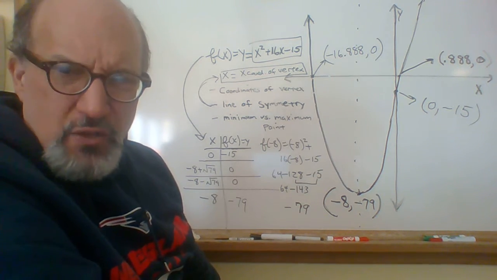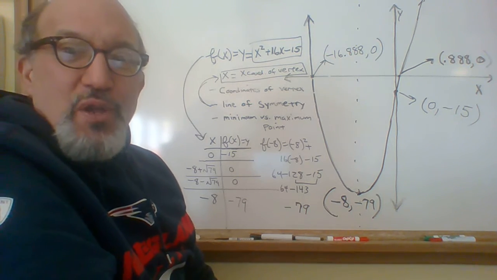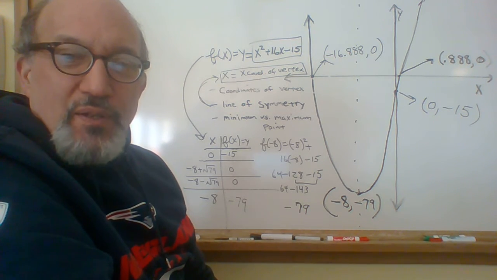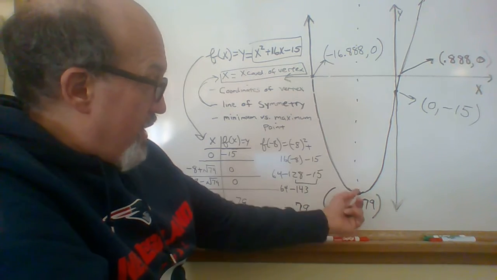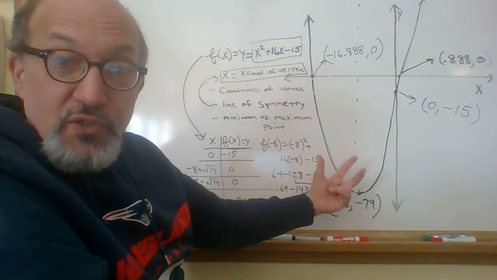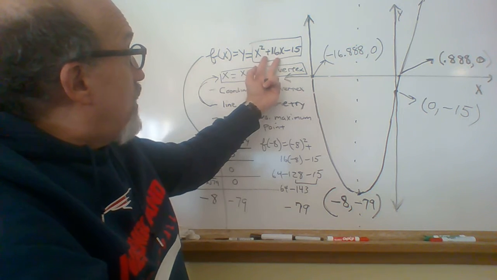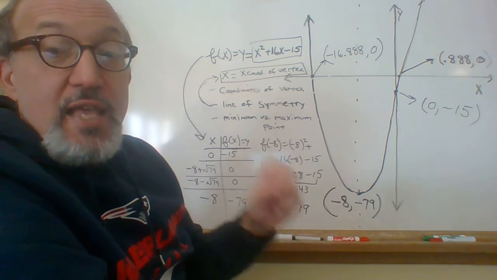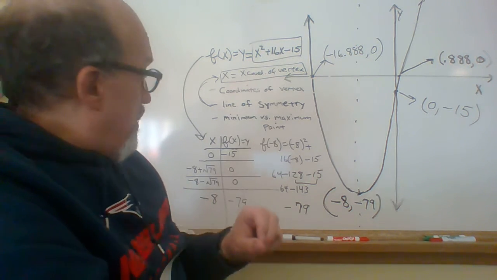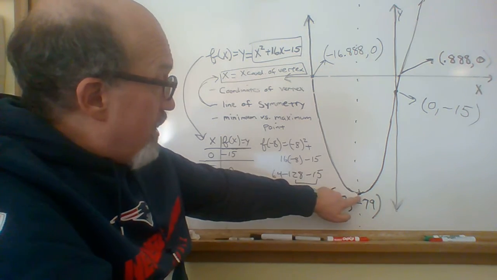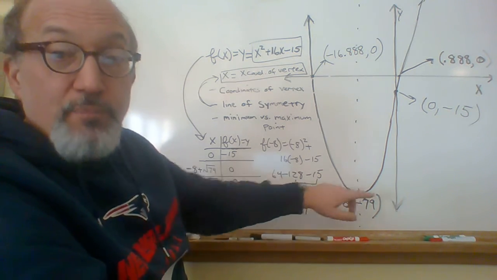Well, you can't really until you learn about quadratic functions and their graphs. It's where the vertex is that tells you that algebraic fact. This value here of x squared plus 16x minus 15 can never be lower than negative 79. That's why it's called the minimum point.